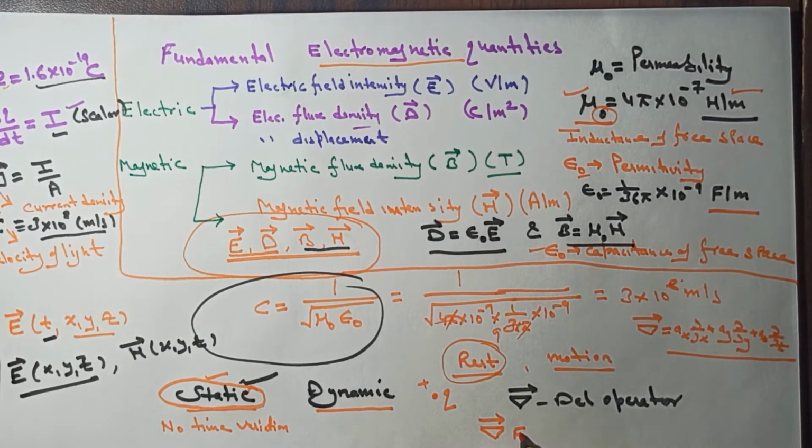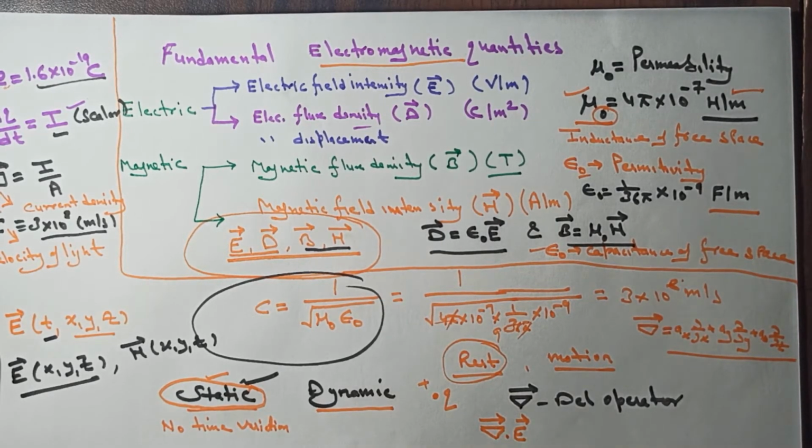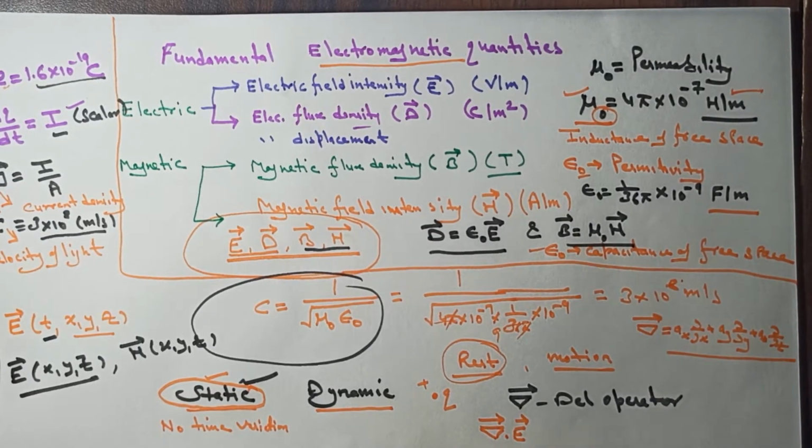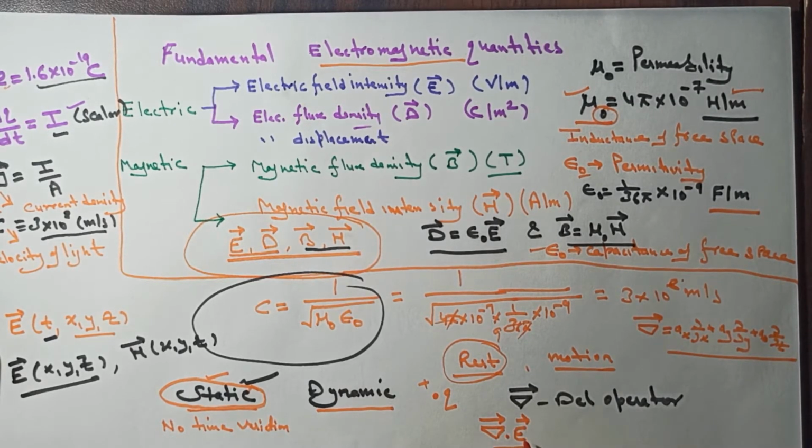Let us say I want to study what the net flow of the electric field would be. So I will take the divergence of the electric field. The dot product of any vector quantity with the del operator is called a divergence.